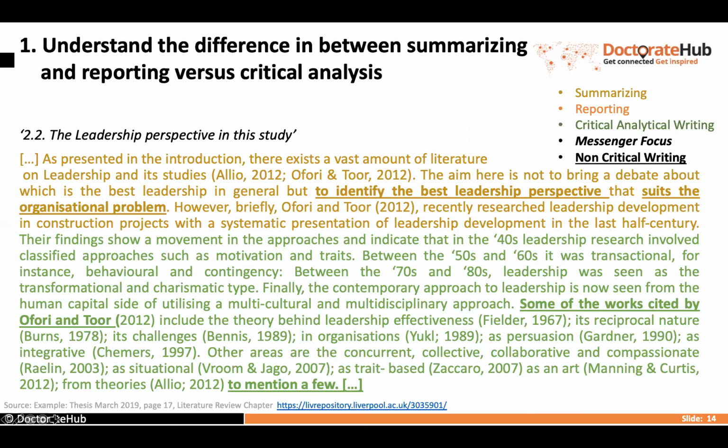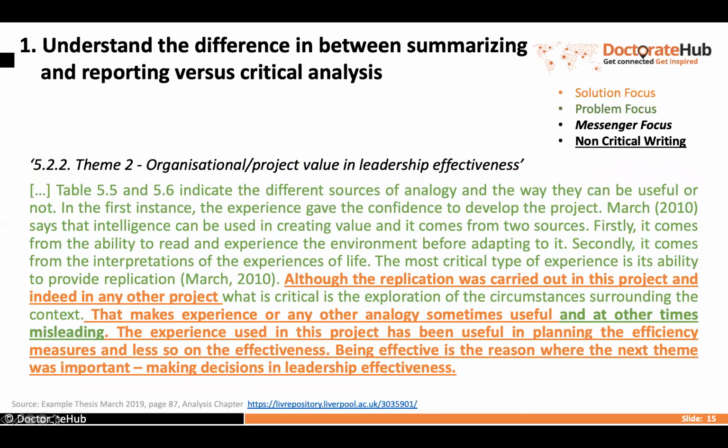This is in particular important if you have very old parts and also parts that are geared towards solution, mixed with those parts that have a problem focus, because this is a different maturity and development in your writing. Initially, your writing will be much more geared towards looking at solutions, while at a later stage, you start to really engage in critical analytics that is focusing on comparing different elements of the problem.